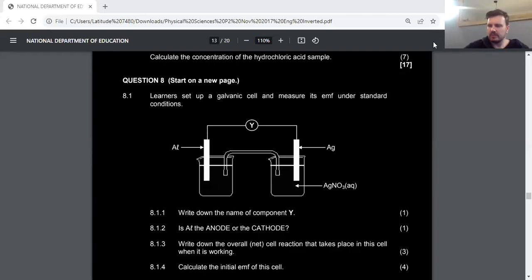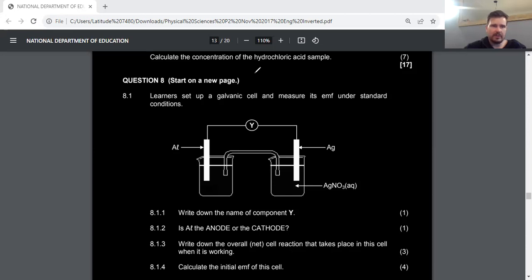Okay, so we've just learned that a redox reaction takes place between molecules or atoms where one of these substances gains electrons and one of them loses electrons.